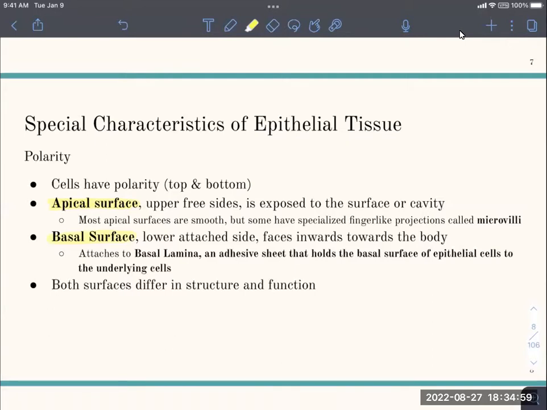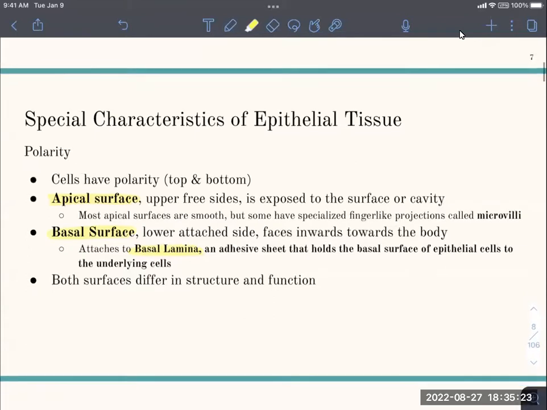And that side actually faces towards the body. So it attaches to what is called a basal lamina. And that's actually an adhesive sheet that holds the basal surface of epithelial cells to the underlying cells. Both surfaces have different structures and function.